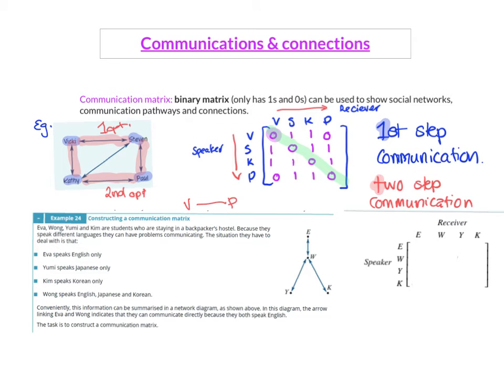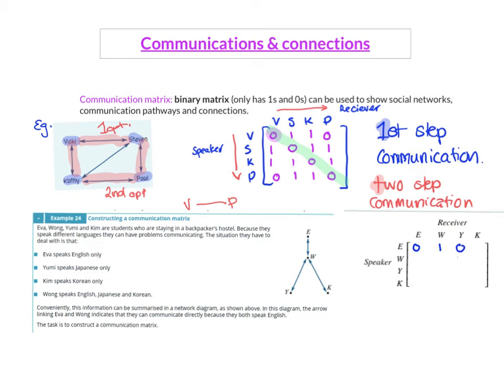So let's practice a one-step again with Wong, Yummy and Kim down below. They can all speak different languages, like I said, and they want us to set up a one-step communication. So Eva to Eva, 0. Eva to Wong, she can talk, yes.